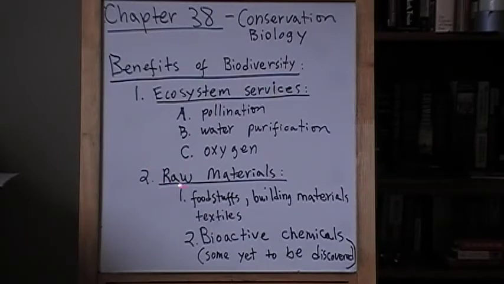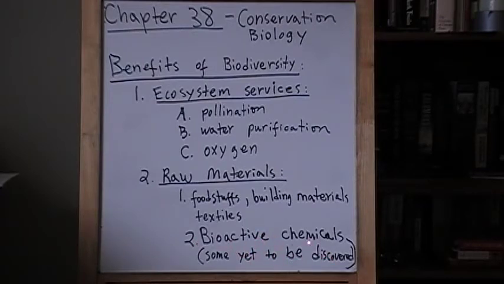And another is raw materials. So a diverse environment provides many building materials, foodstuffs, so the raw materials for foods, and textiles, the fibers used to make clothing and other fabrics, and also bioactive chemicals. So these are things like drugs, such as antibiotics and other antimicrobials, and perhaps other things that we haven't yet discovered.